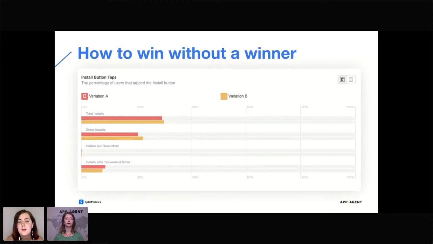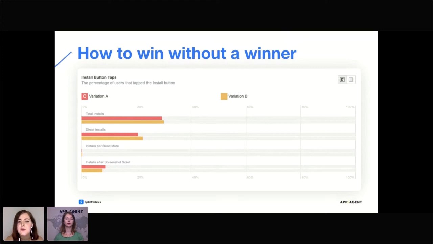So this platform is actually very cool, as only by looking at these bars you can understand what to optimize next. For example, if there are more direct installs than installs per screenshot scroll overall, then page visitors tend to install your app without scrolling screenshots. Therefore, it makes sense to focus on optimizing the first two screenshots. In the opposite situation, you have to focus on the entire screenshots gallery.